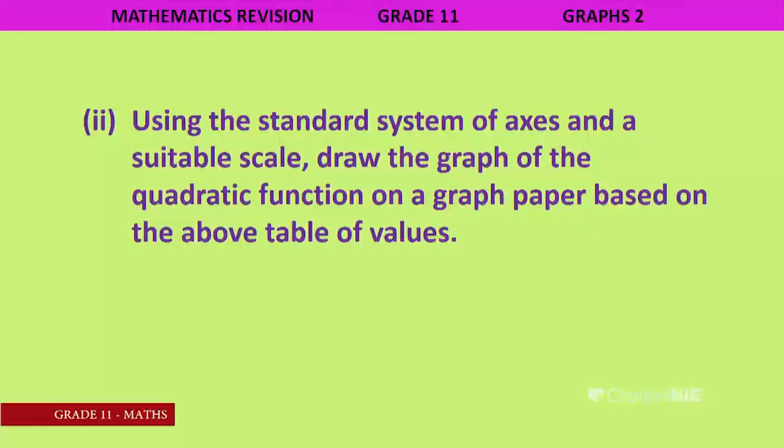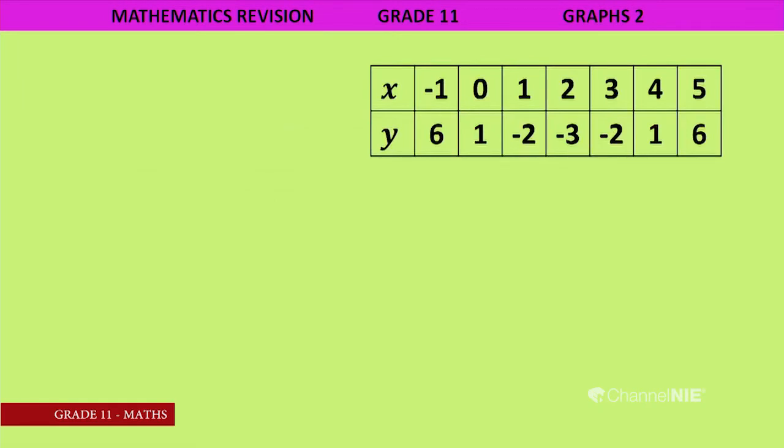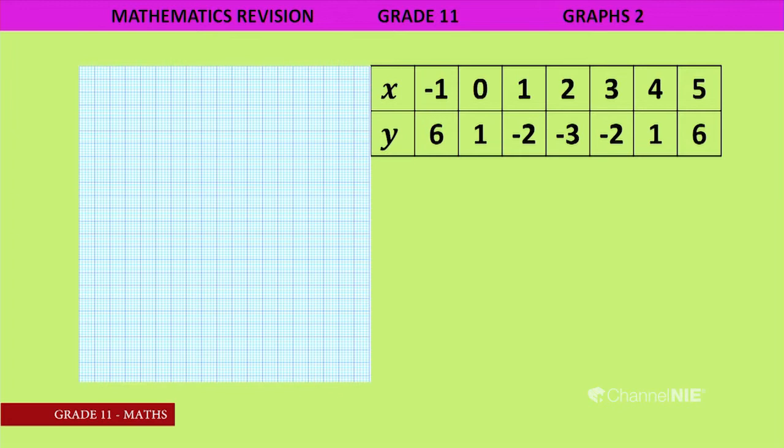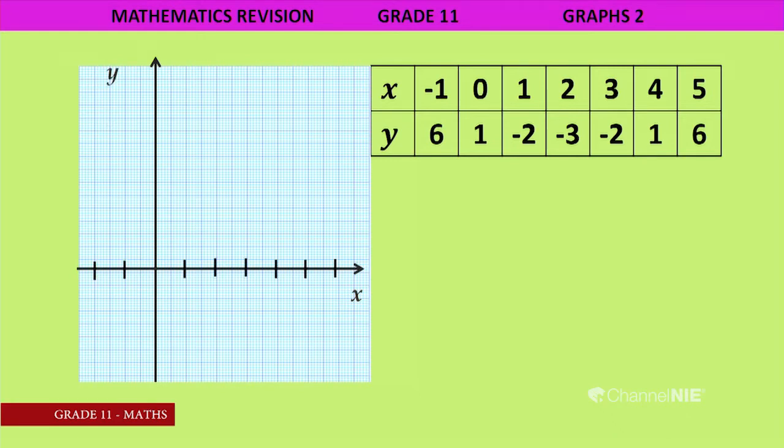Using the standard system of axes and a suitable scale, draw the graph of the quadratic function on graph paper based on the above table of values. This is your table of values. This is your graph paper, x-axis, here your y-axis, then marking points.